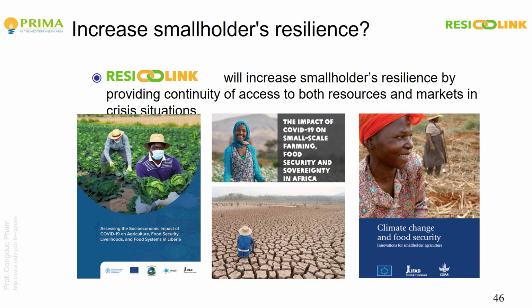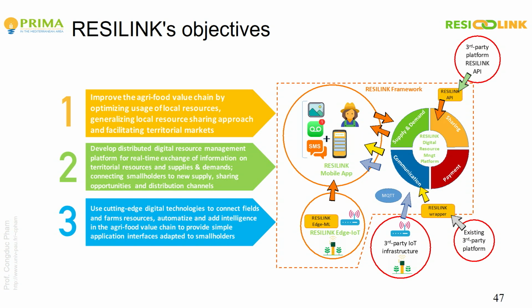It is not on soil irrigation anymore, but it's the second project, where we want to increase smallholder resilience, okay? And the objective here is to provide continuity of services when there are crisis situations.